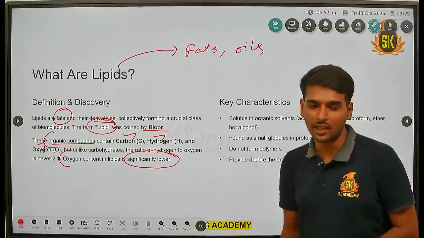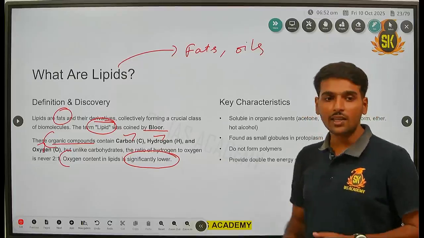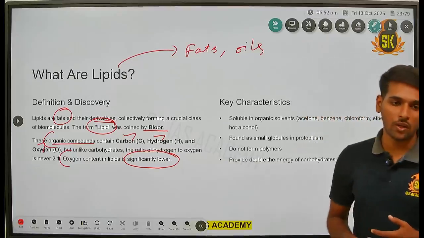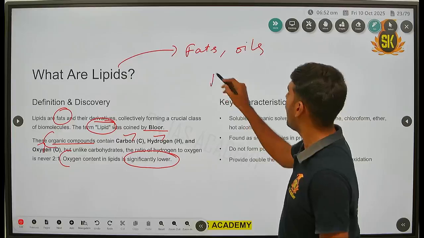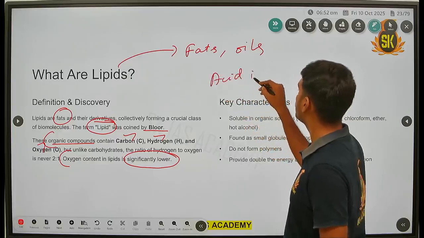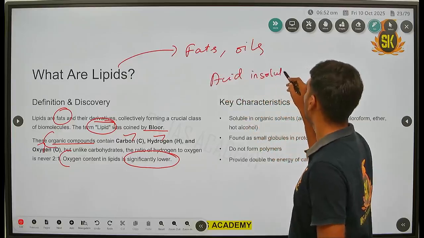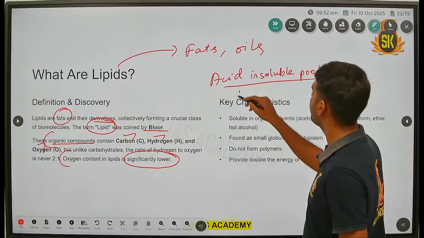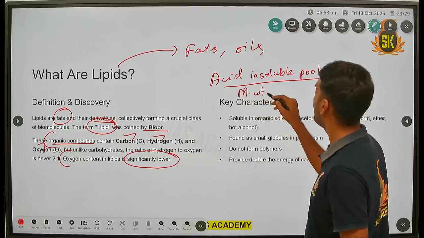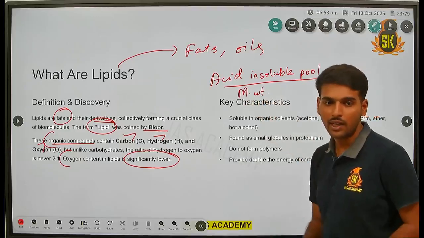We already discussed that lipids are considered to be macromolecules only due to the reason that they are part of the acid insoluble pool, right? But their molecular weight is not above 800 Daltons.